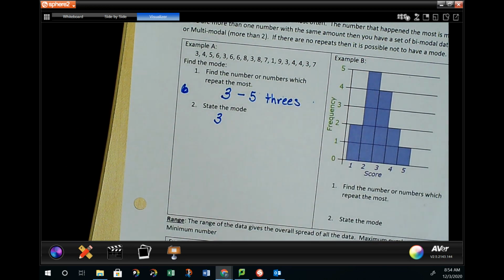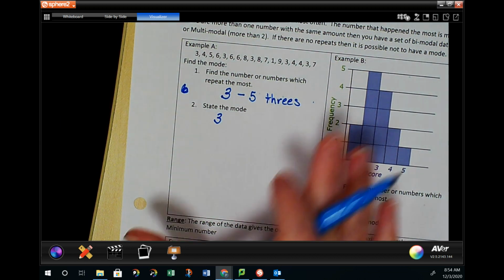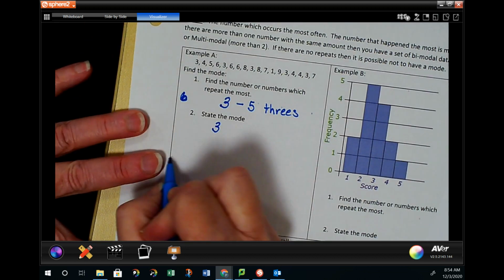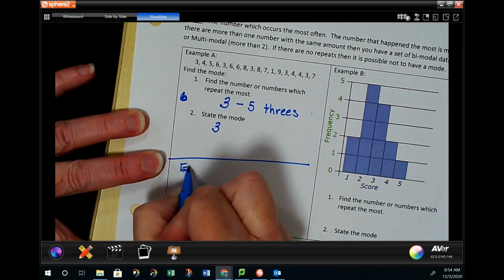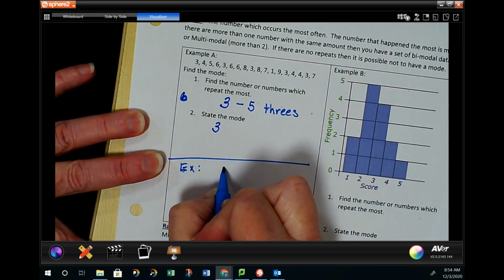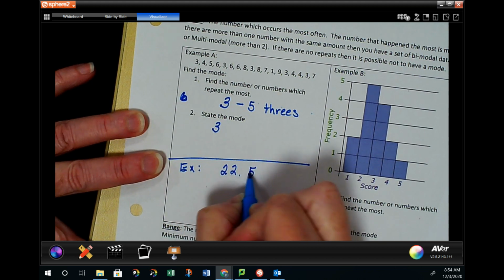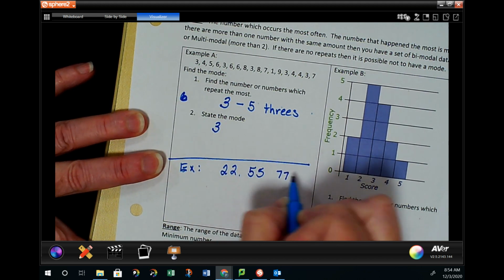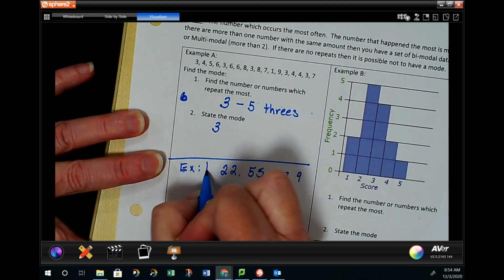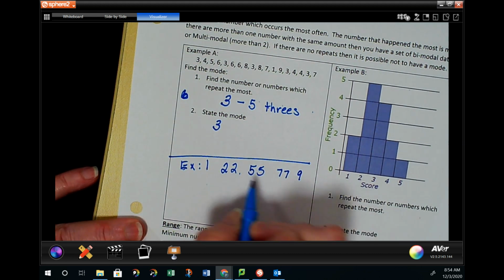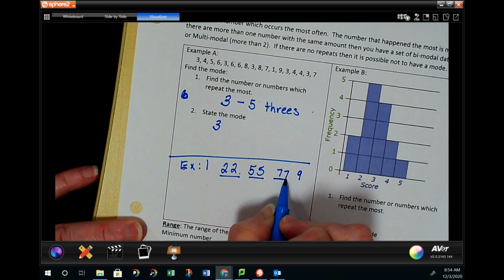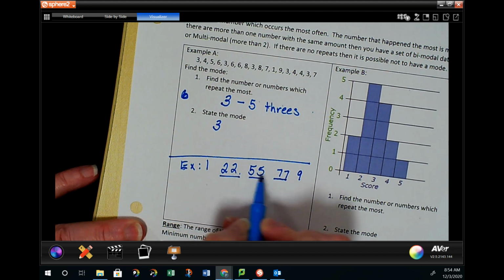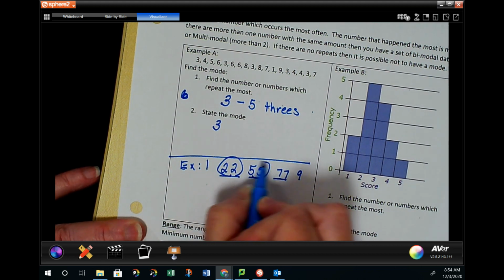Now, if by chance you had something different, I'm going to give you another example here. If I gave you 2 2, 5 5, 7 7, 9 1, this time all three of these numbers appear twice: there's 2 2s, there's 2 5s, and there's 2 7s. So this time you would have 3 modes.